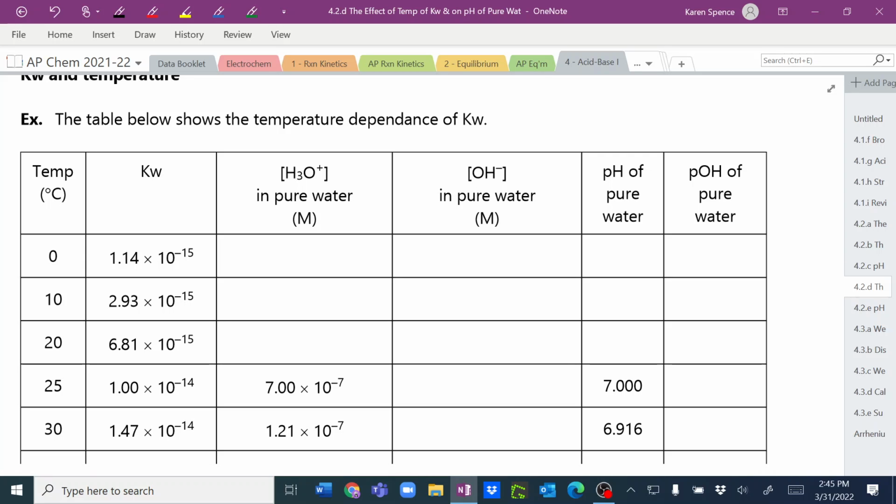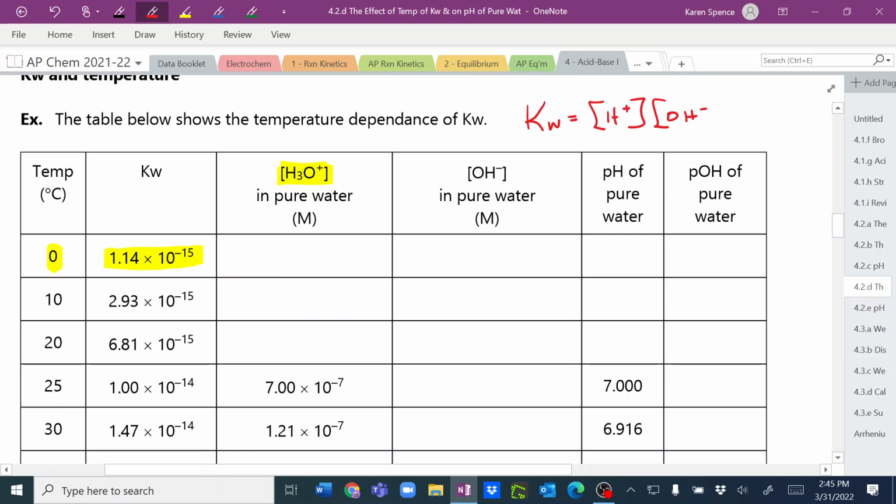We have a Kw at 0 degrees Celsius. Remember, K changes with temperature, so it's no longer 1 times 10 to the negative 14. Now it's 1.1 times 10 to the negative 15. How would you figure out hydronium ion concentration there? I think you're right. What would you do? You would take the square root of it, yes? Just like we did before, because we've still got Kw is equal to H times OH.